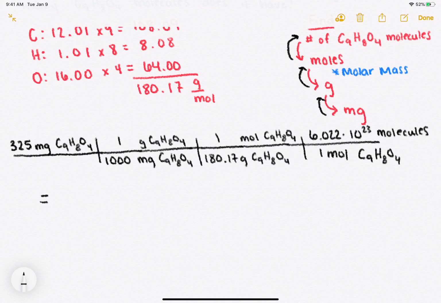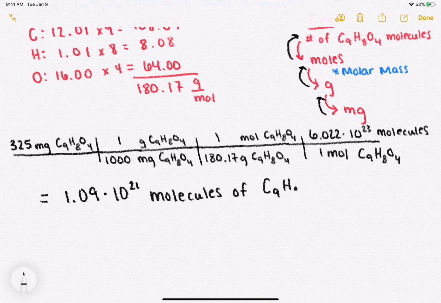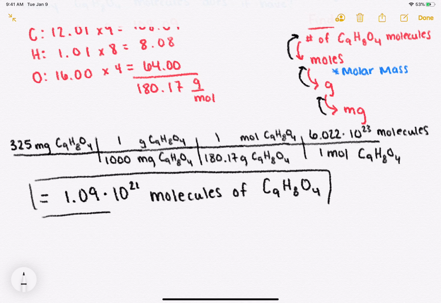So the answer you should get for this is 1.09 times 10 to the 21st power molecules of C9H8O4. And that's how you use molar mass in calculations.